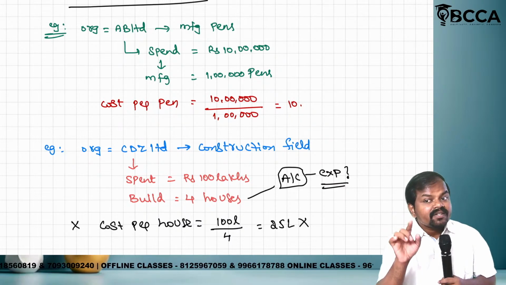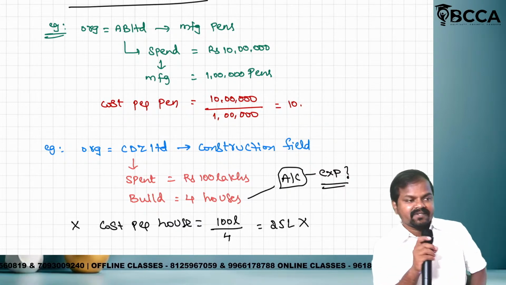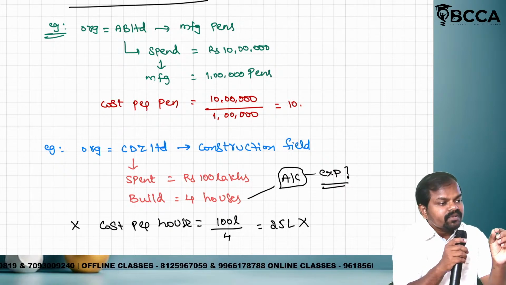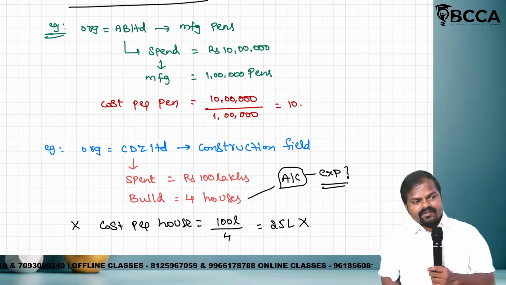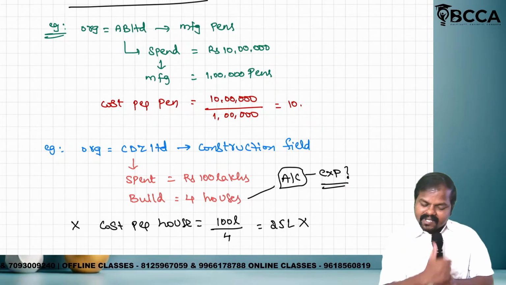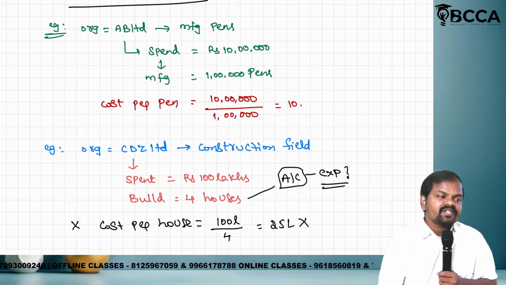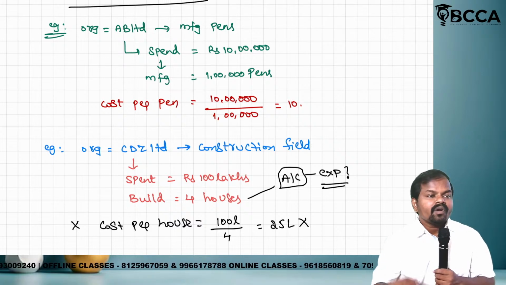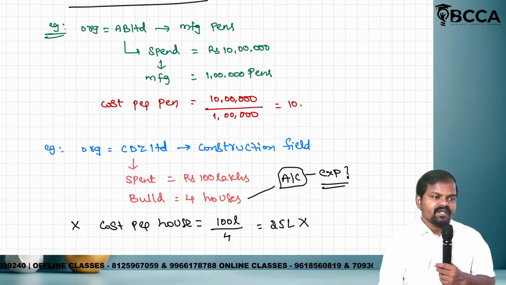In the first example, if you remember, 1 lakh pens are of the same dimensions. It means homogeneous goods are called same units or similar units. Clear? In the second case, average cannot be used for the computation of cost per unit. Why? The 4 houses are of different dimensions.